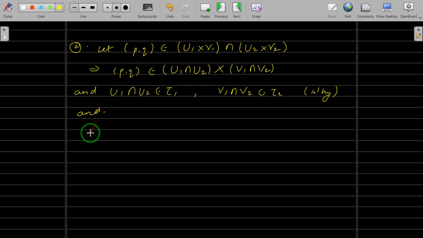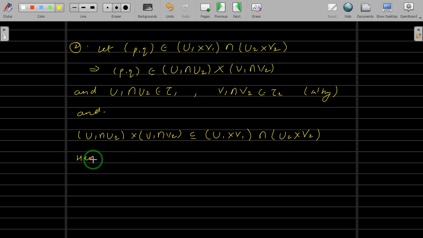And if you see this, U1 intersection U2 cross V1 intersection V2 will be a subset, of course, it's a very simple thing. You can show them equal in some cases or always. U1 cross V1 intersection with U2 cross V2.